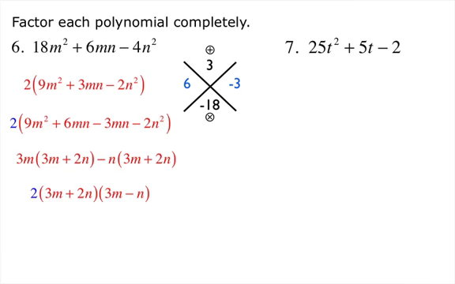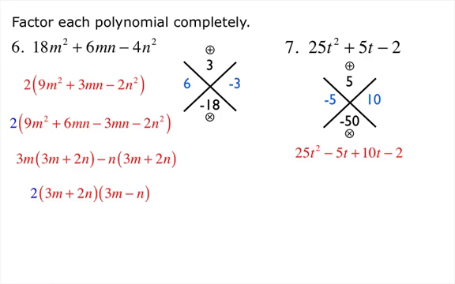So we'll use the X method. Notice that I need to work with 5 and negative 50, two numbers that satisfy those two conditions, sum and product. We're looking at negative 5 and 10. Then I rewrite the trinomial as a polynomial with 4 terms. This is what we get.